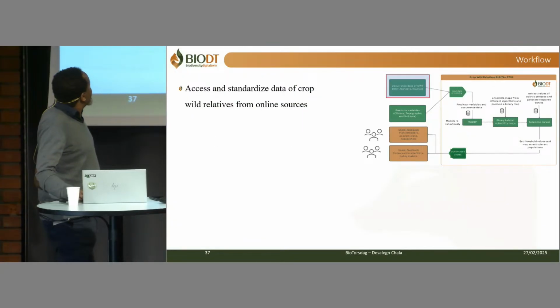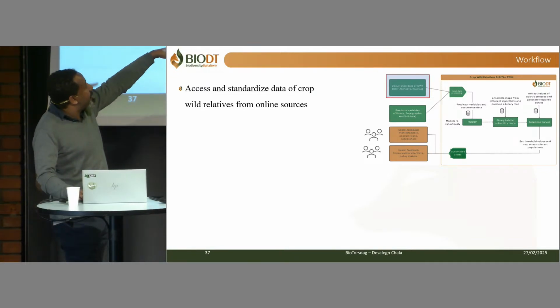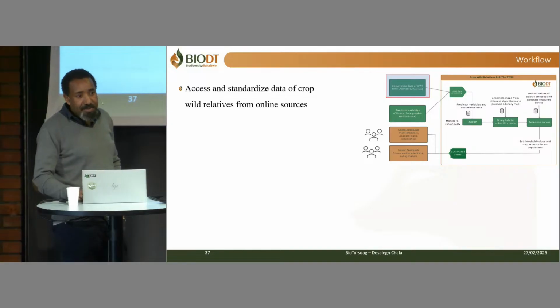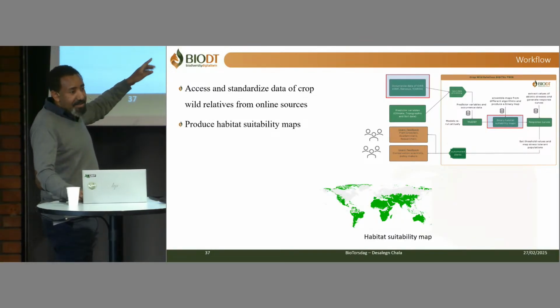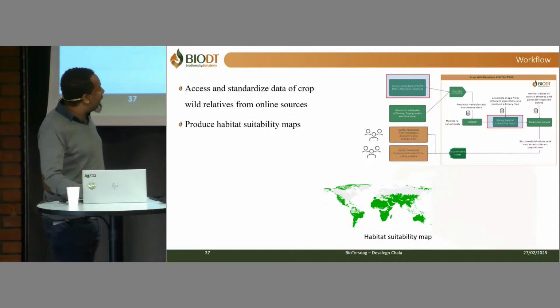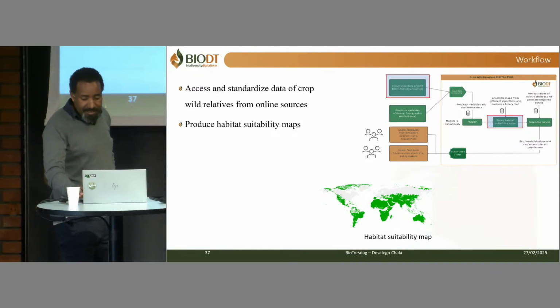For that, we are using data from different sources: occurrence data of crop wild relatives from online sources, and climate information. Based on that, we are producing habitat suitability maps of the crops. Here, you can see the habitat suitability.